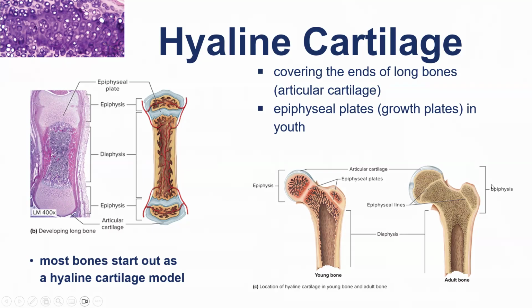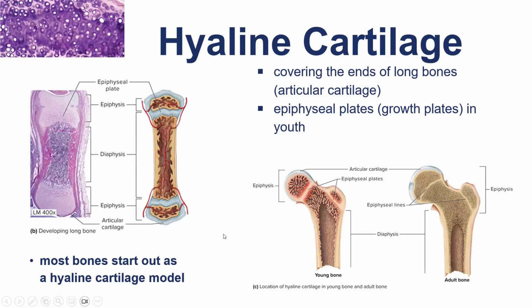We're going to talk about the different parts of our long bone in a couple slides here. So we find this at the ends, and it's also on the epiphyseal plate. So here's the epiphyseal plate in a child. That's the same thing as the growth plate. And then you'll see once that ossifies further, once we lose more cartilage cells and add bone cells, adult bones have epiphyseal lines.